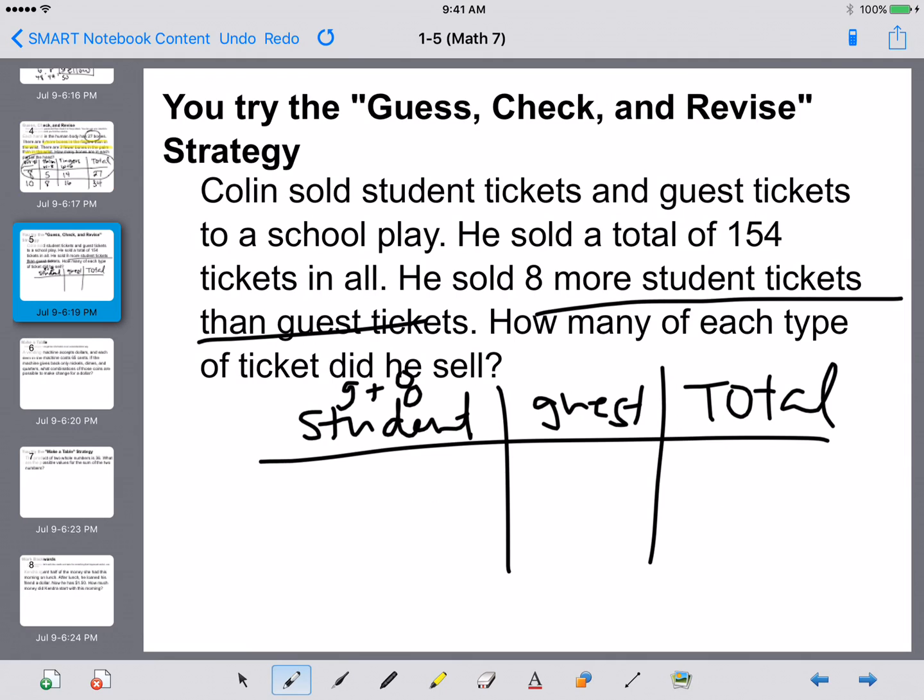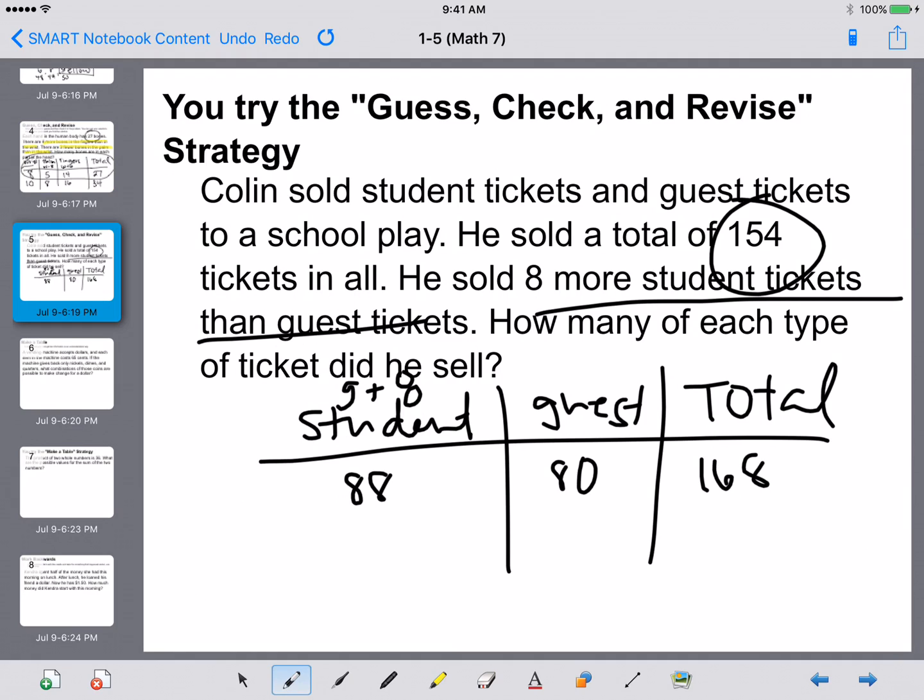They're both pretty equally split. So I'm going to go, half of 140 is 70. So I'm going to pick 80 for my guest tickets. And I'm going to go, our guest plus 8 would be 88. 80 plus 88 is 168. 168 and 154 doesn't work.